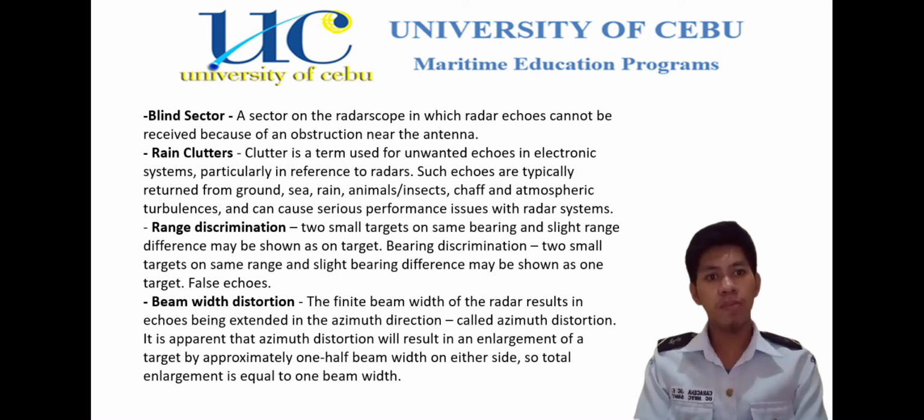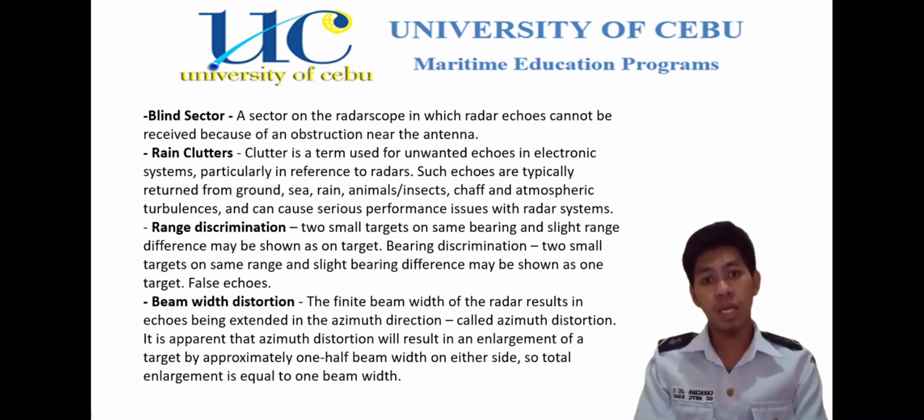Beam width distortion. The finite beam width of the radar results in echoes being extended in the azimuth direction, called azimuth distortion. It is apparent that azimuth distortion will result in an enlargement of a target by approximately 1/2 beam width on either side.